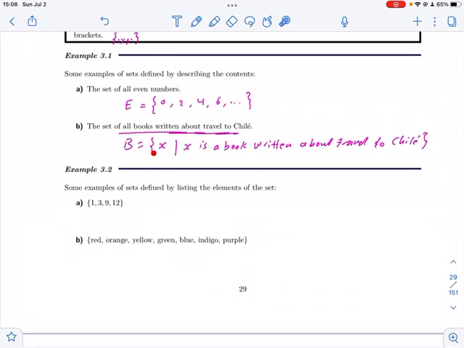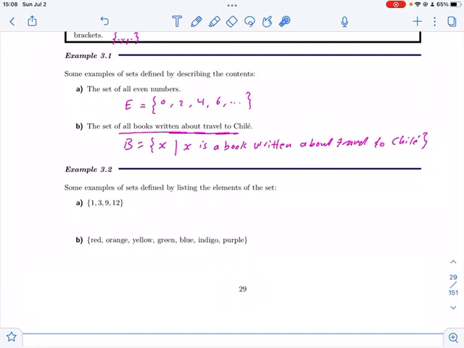Now, if we have a specific book, we can say that it is a book written about travel to that place. So we have different ways to define a set or to write it, either by listing all elements or by just writing the characteristic of these elements.